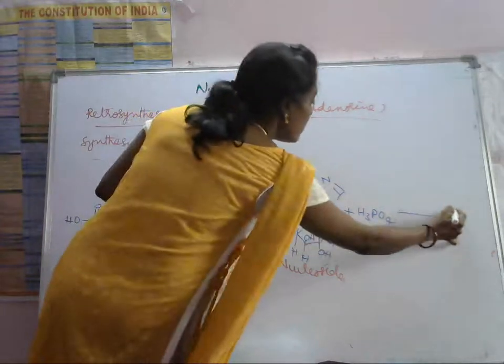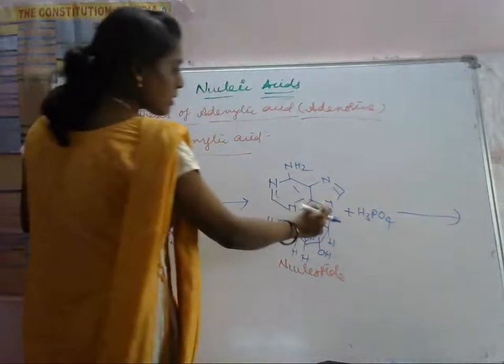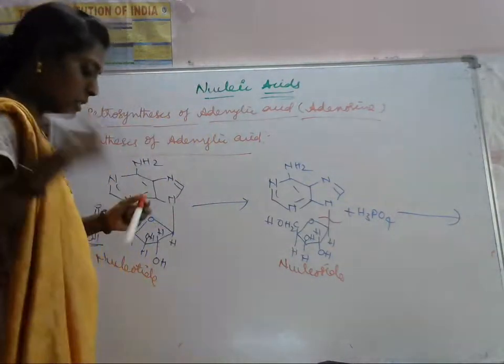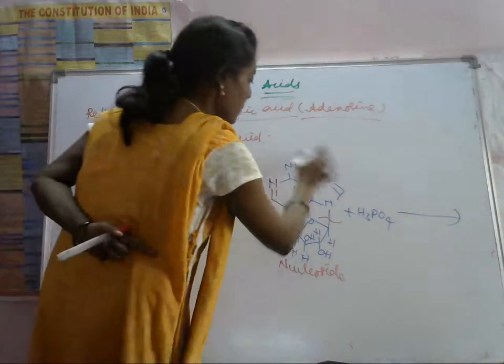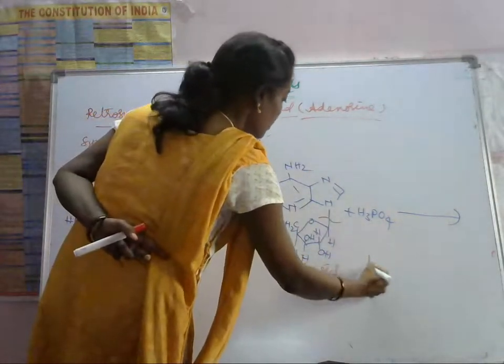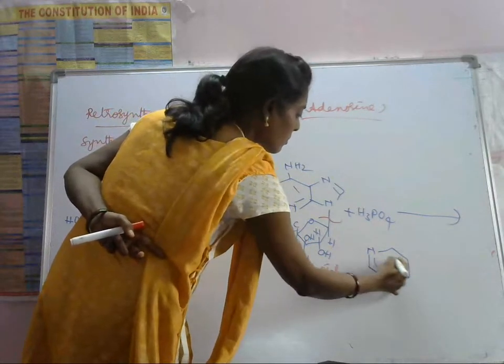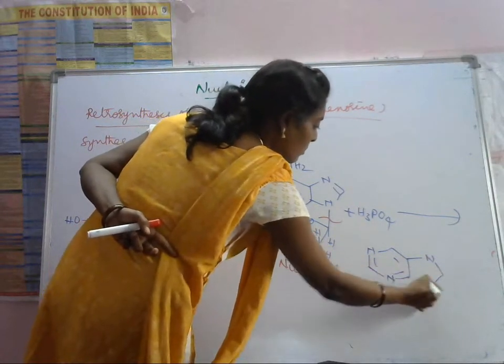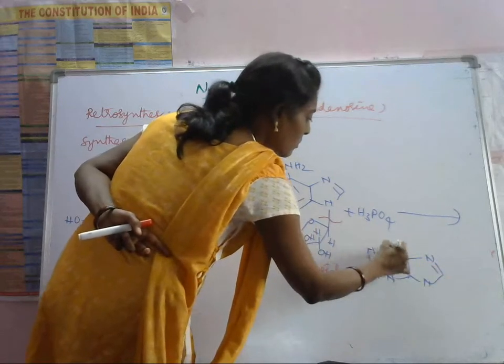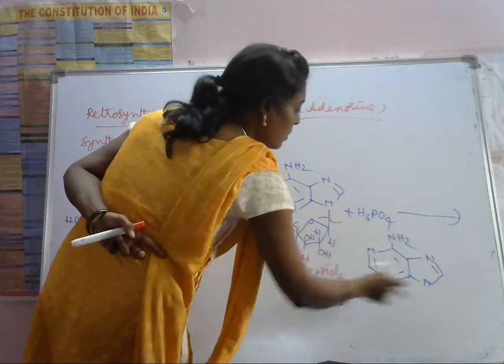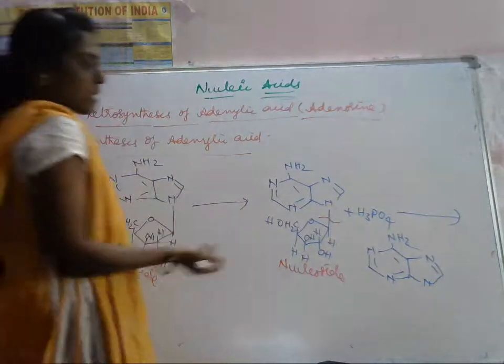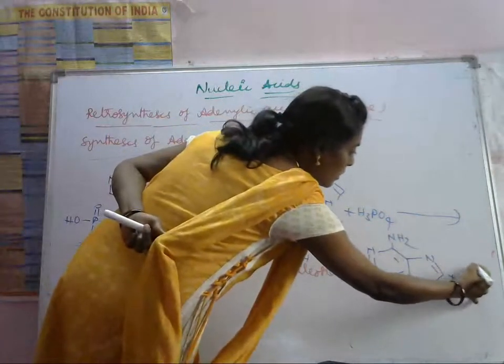Next, if you cut this bond, you will get this part and this part. We will have the purine plus ribose sugar.